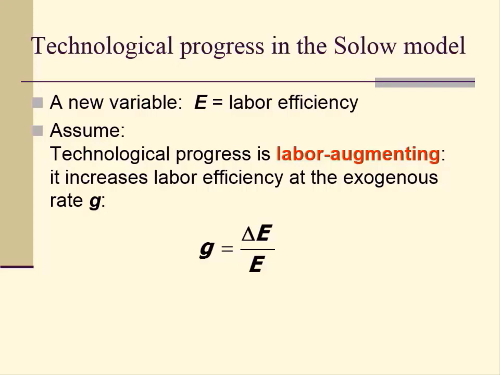Here, we add a new variable, capital letter E, which is defined as labor efficiency, and assume that technological progress is labor augmenting.